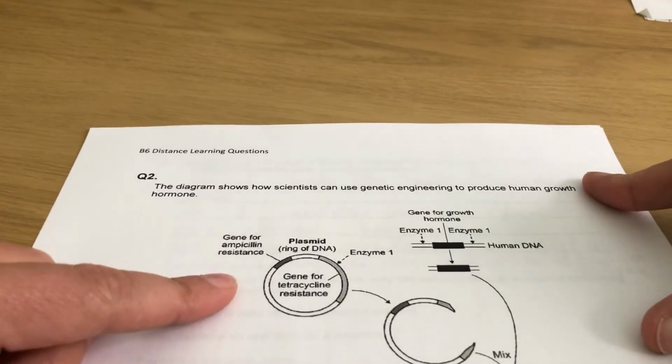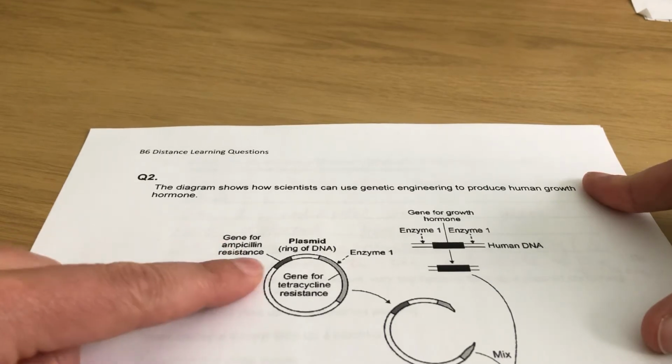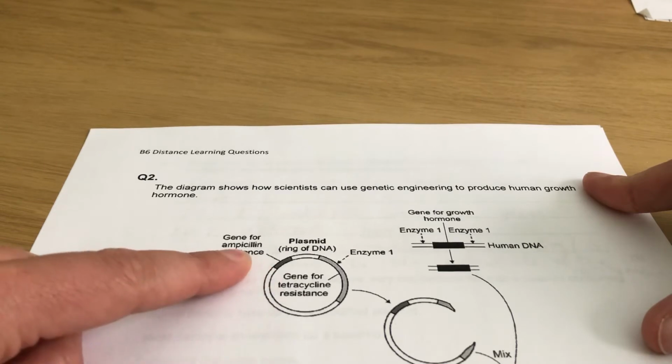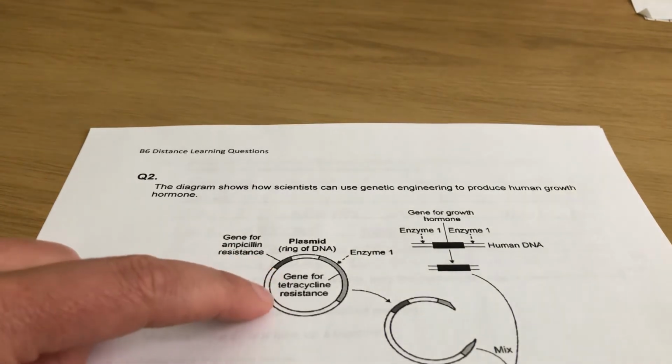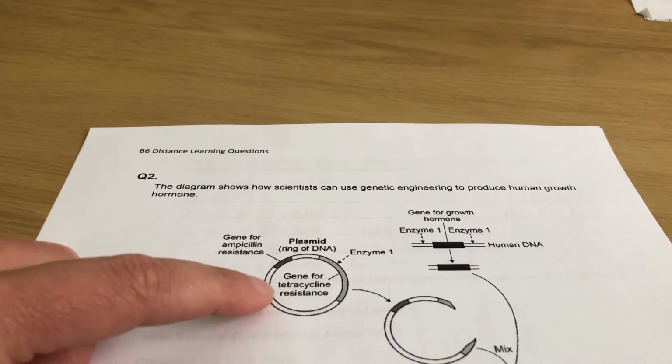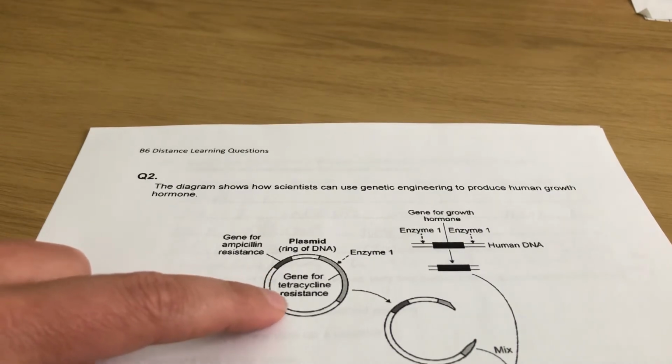Over here we've got a plasmid from a bacteria, and we can see there is a gene here for ampicillin resistance, which is an antibiotic, so it's being resistant to that antibiotic, and the gene here for tetracycline resistance.